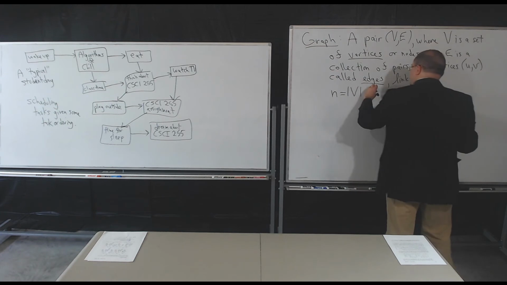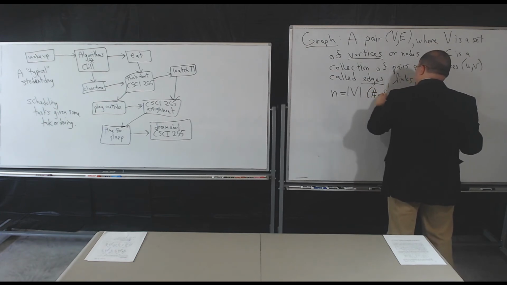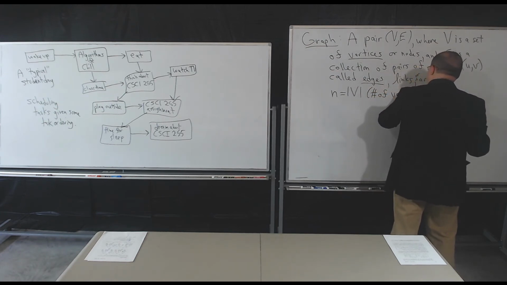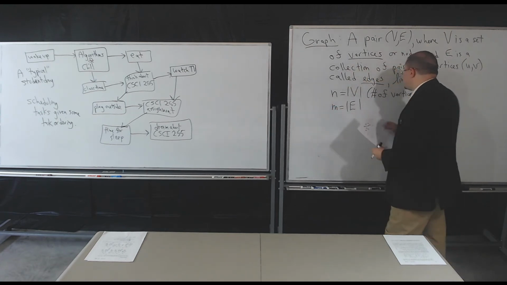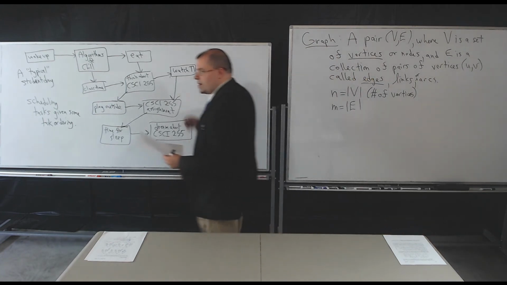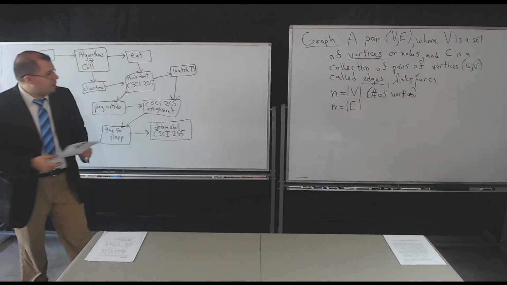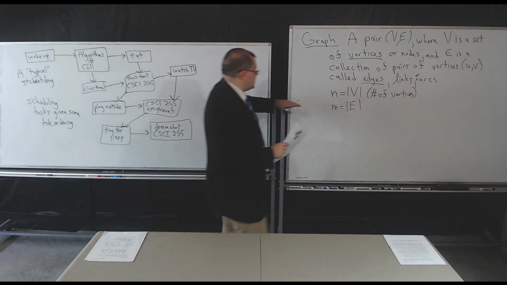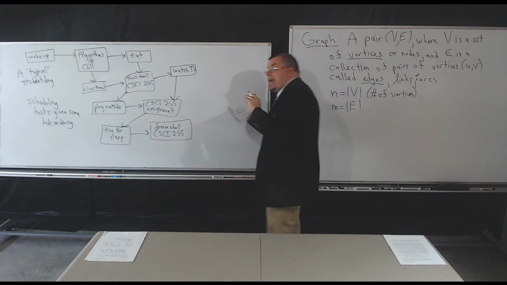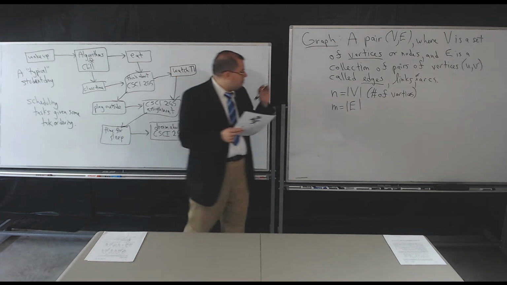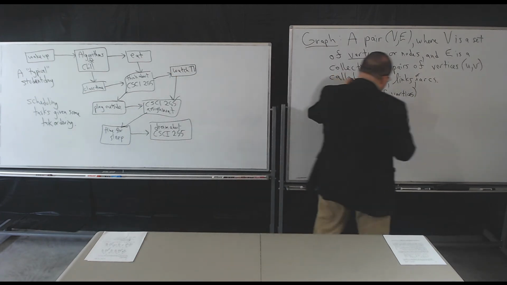So N is going to be the number of vertices, and M is going to be the number of edges. If ever I use N or M in this next while, it's going to be referring to the number of vertices and the number of edges, because the size of the graph is dependent on N and M.